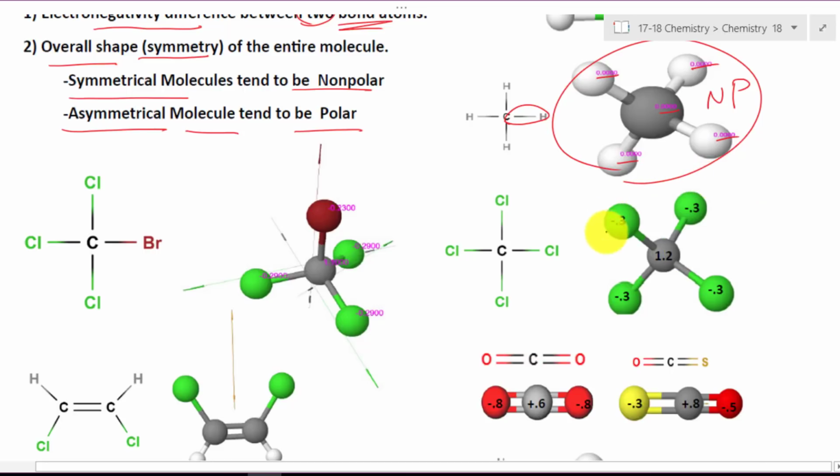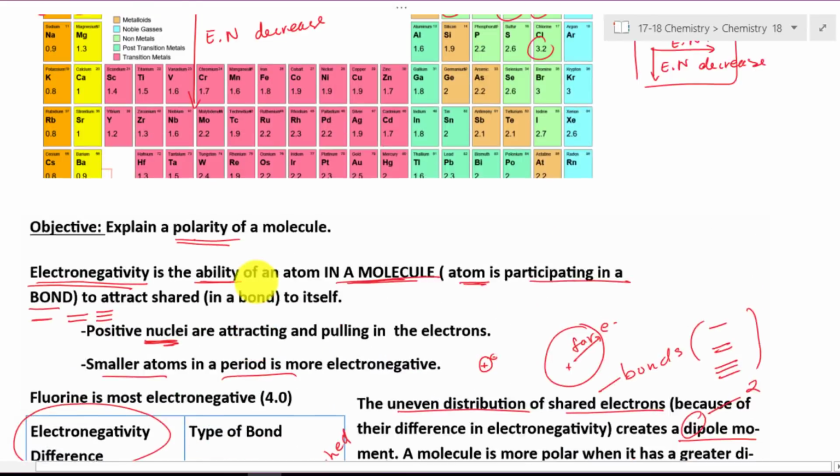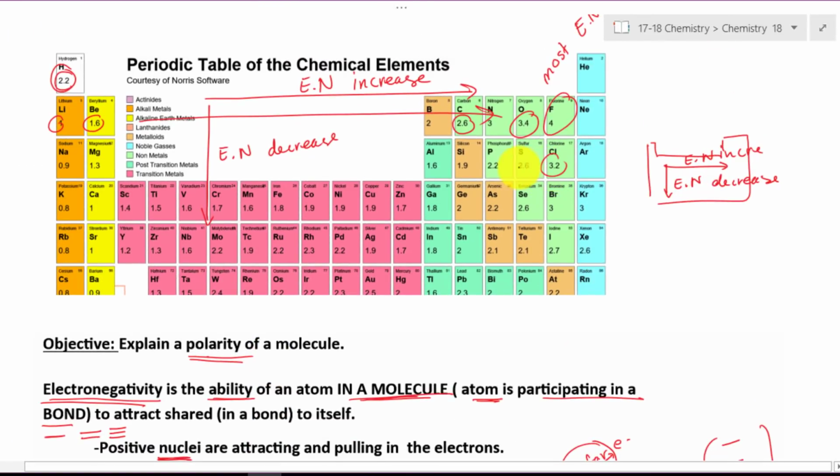If you notice, this molecule is actually nonpolar. It doesn't have any arrow going in one direction. And look at the symmetry of this molecule. Notice chlorine is a lot more electronegative than carbon, because chlorine is 3.2 where carbon is just 2.6, right?